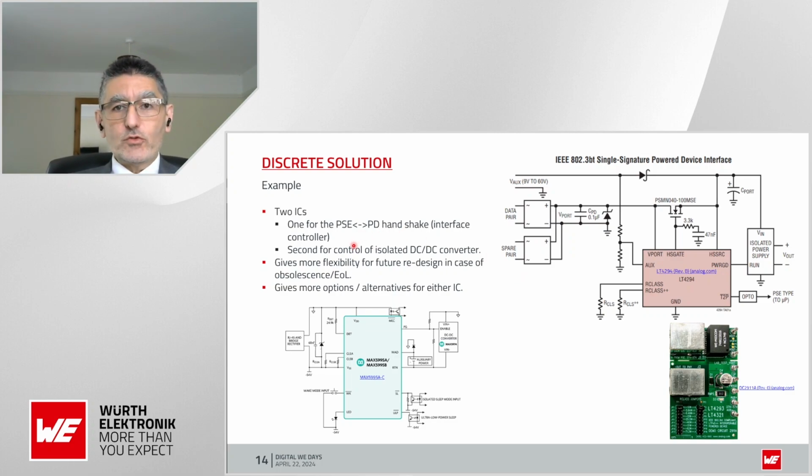With this type of solution, and I've got a couple of examples shown here, you get full flexibility in the sense that you have 2 different ICs. In case you have an obsolescence or an end of life on one of them, it is easier to redesign part of the system as opposed to the entire system itself. So that gives you a little bit more flexibility and freedom to do so.